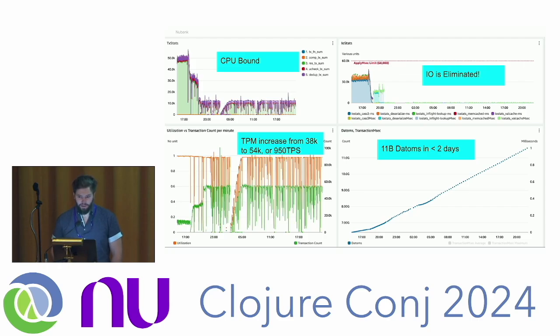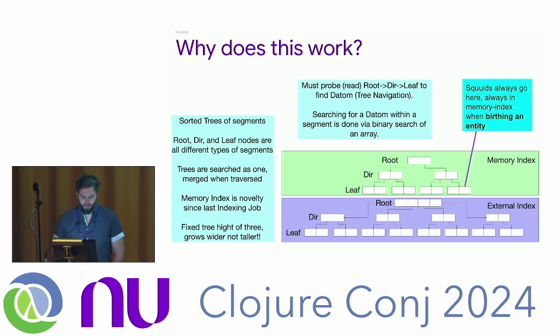So why do sequential identifiers actually work this way? Remember I mentioned a memory index. Well, with squids, or any sequential identifier, when you are birthing an entity for the very first time and you need to make sure that it's unique, the sequential identifier, if you're using a squid that you just created in the peer, will always fall to the right-hand side of the memory index B-tree.